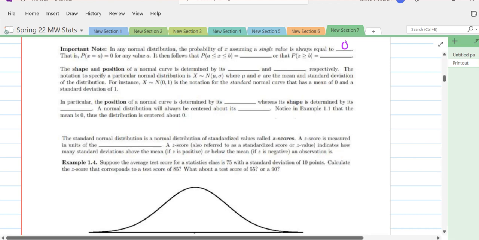It follows that the probability that x is between a and b, meaning a is less than x, which is less than b, or that x is greater than or equal to b, is the same as x greater than b. What does this mean? This means the probability is over an interval.